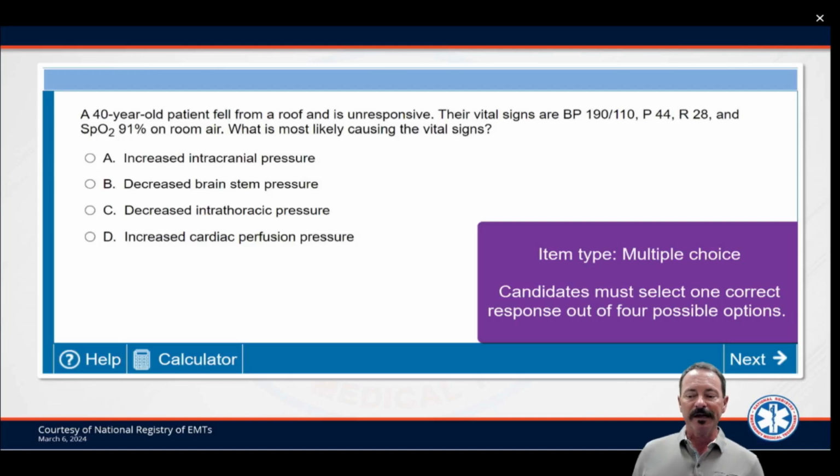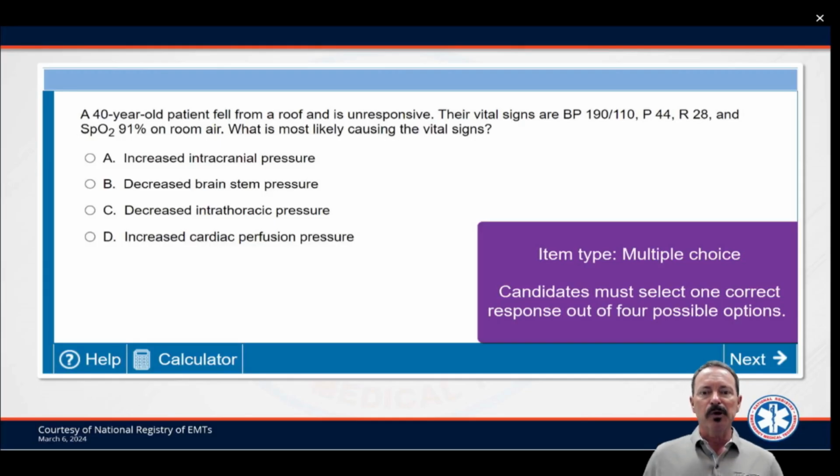A 40-year-old patient fell from a roof and is unresponsive. Their vital signs: blood pressure 190/110, okay? The pulse rate is 44 breaths in a minute. That is Cushing's triad, Cushing's reflex, right? Respiratory rate is 28. Pulse oximetry is 91% on room air.